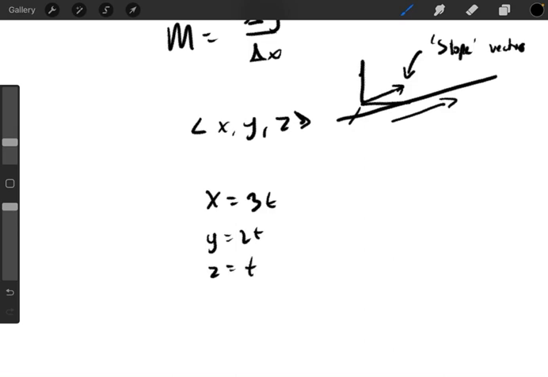Then the slope vector would be 3, 2, 1. Because essentially all it's saying is that for 1t, you're going 3 in the x direction, 2 in the y direction, and 1 in the z direction.